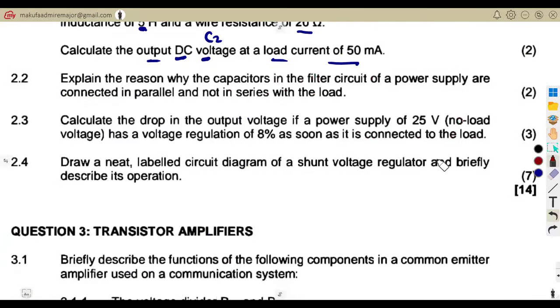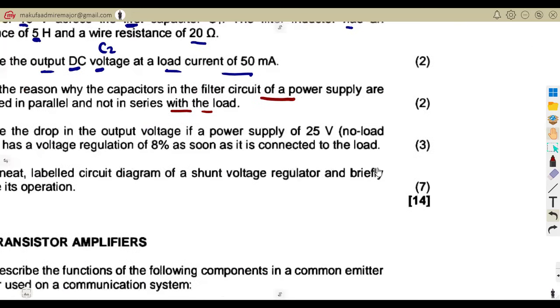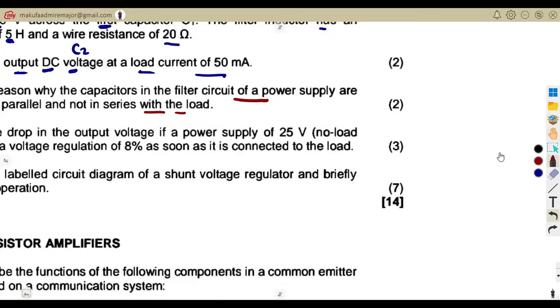All right, so let's consider another part. As you can see, this one was a direct question on 2.2. Explain the reason why the capacitors in the filter circuit of a power supply are connected in parallel and not in series with the load. Why are they in parallel? So this is just a condition where we need to block the AC signal.